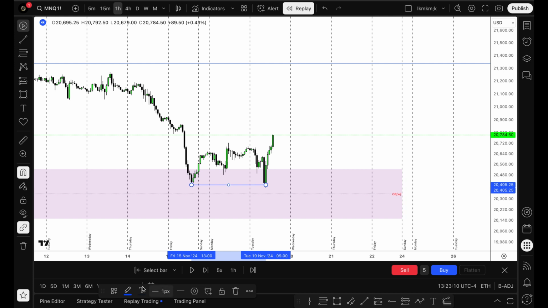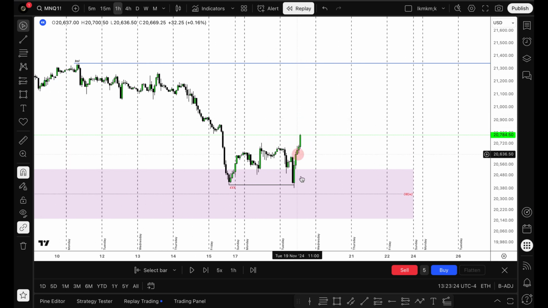But because it was such a small sweep of that low, I would need another leg higher before I could entertain this market. Because that sweep was so little, price could go back to digging deeper.